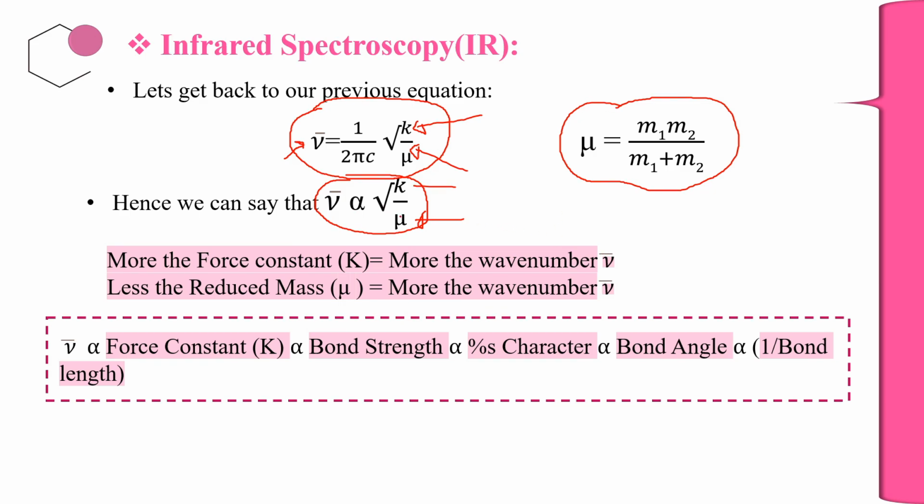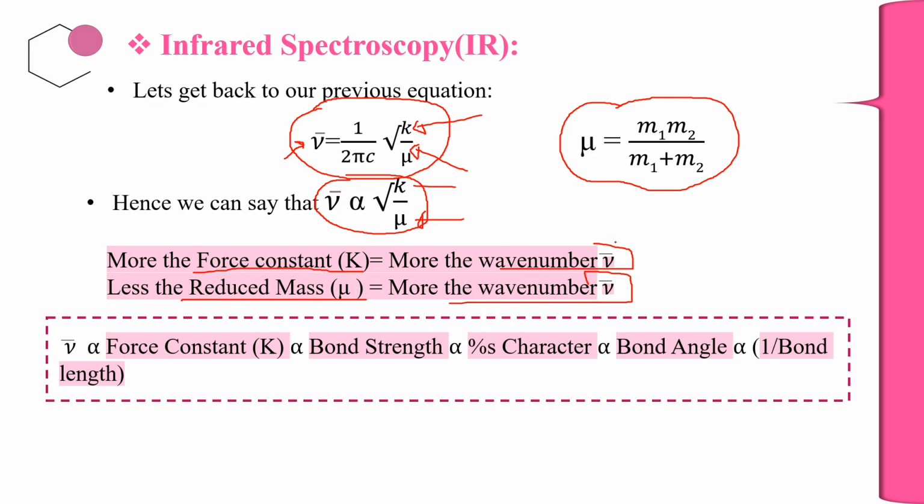Now the interesting thing is that from this relation, you can solve n number of questions in IR spectroscopy, because the more the force constant, the more the wave number, that is nu bar, and the less the reduced mass, the more the wave number. So that is how nu bar varies with different factors.